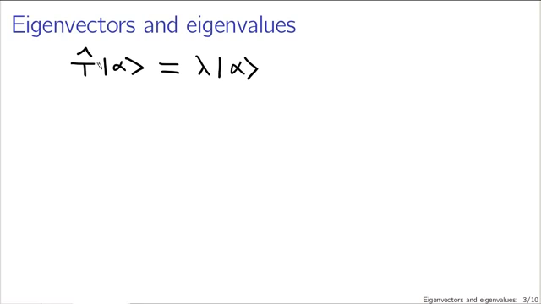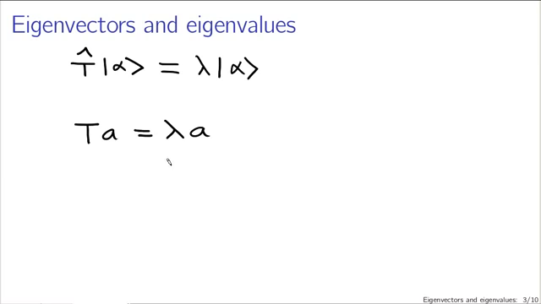So the action of your transformation is to return a scaled version of the vector that you started with. Since most of what we're going to be talking about in this lecture is what happens when we represent a transformation in a particular basis, you can think in terms of matrices. The matrix T acting on the vector A gives you back the eigenvalue lambda times the vector A.